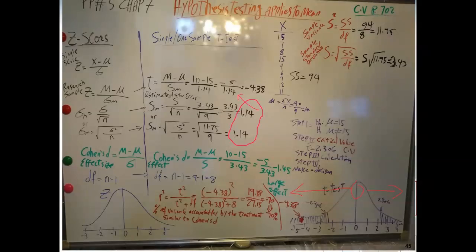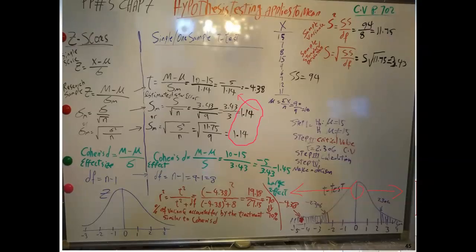If the calculated t falls into a critical region or rejection zone, then we reject. If it falls short, we retain the null, or we fail to reject the null. So this is our distribution on the bottom right side of the screen.